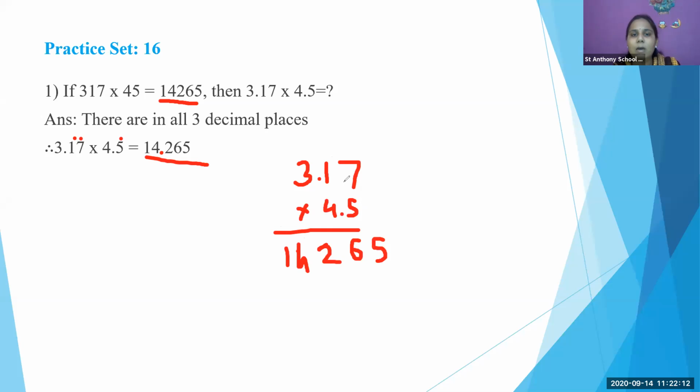Count the digits after the decimal point: 2 here and 1 here, so 3. In the answer we'll put our decimal point after 3 digits, 1, 2, 3. So the answer is 14.265.